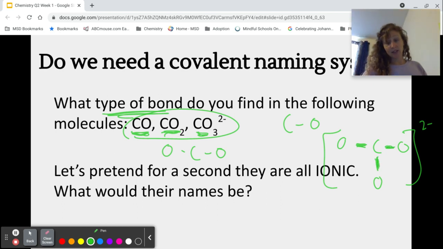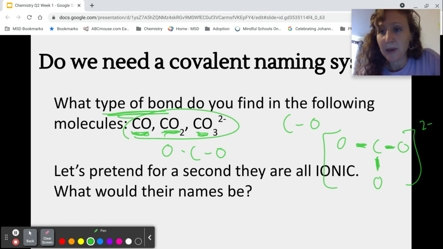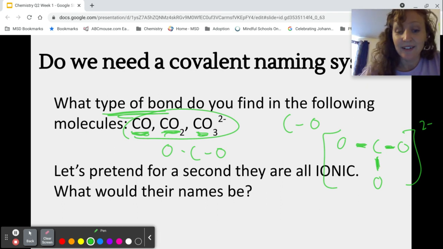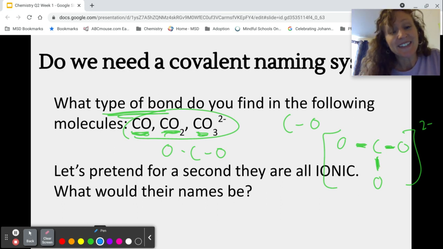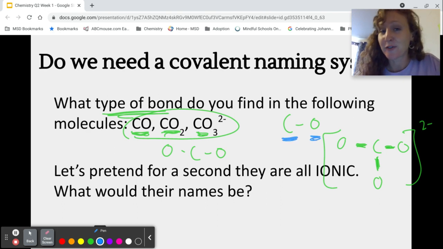Okay, so now let's try to answer our other question. Can we name these three compounds using the ionic compound formula general name? Well, I'm so glad you asked. If we were to name this, we would have to name the cation and then the anion. So here's our first problem.